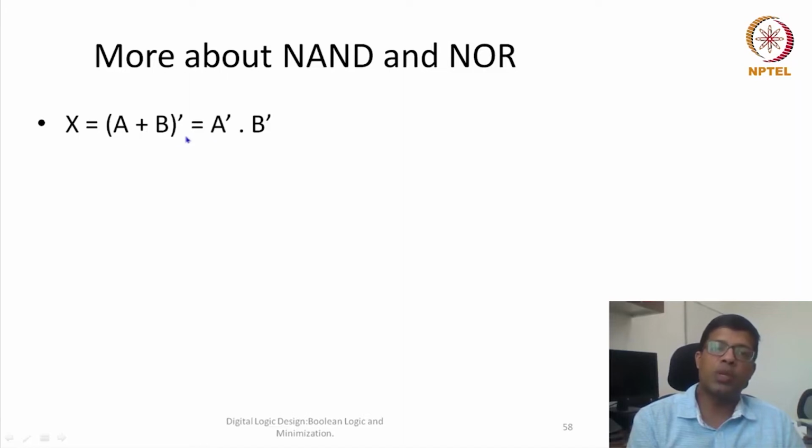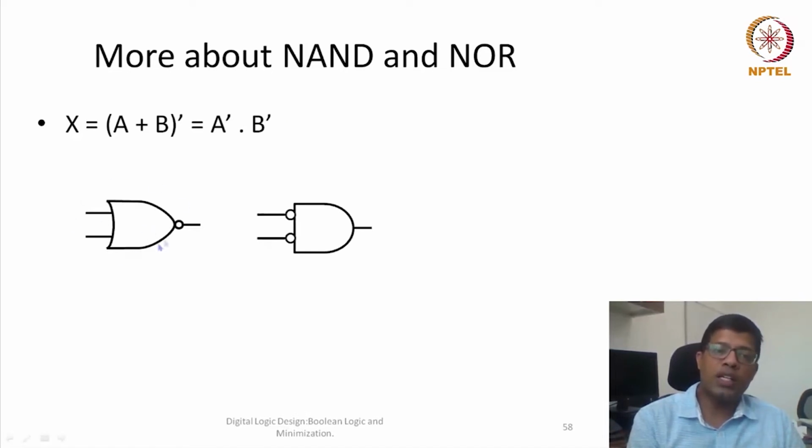So this expression, applying De Morgan's law, becomes A dash, meaning inverted A, AND inverted B. So I can also write that this NOR gate is essentially equivalent to an AND gate with both the inputs inverted.